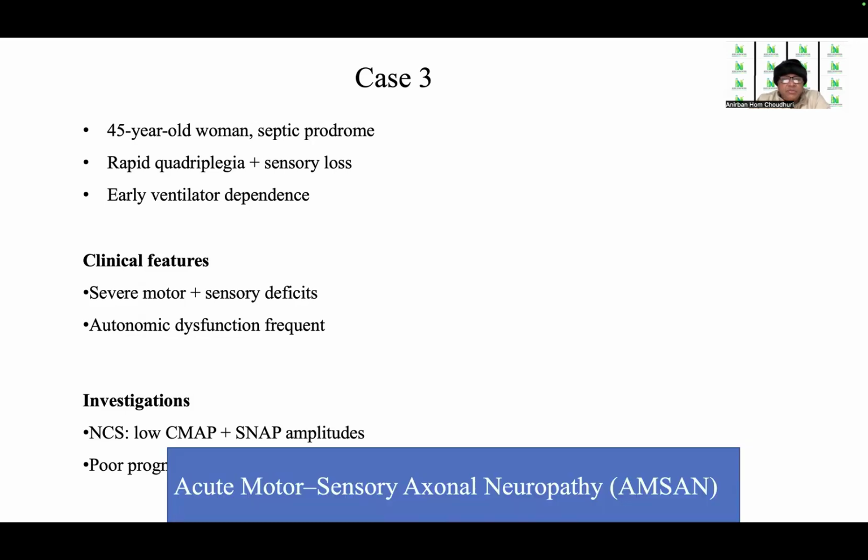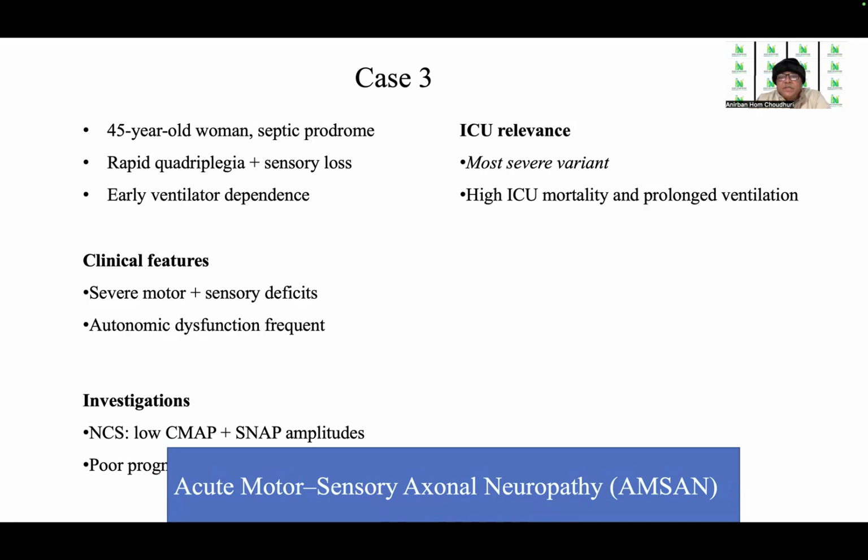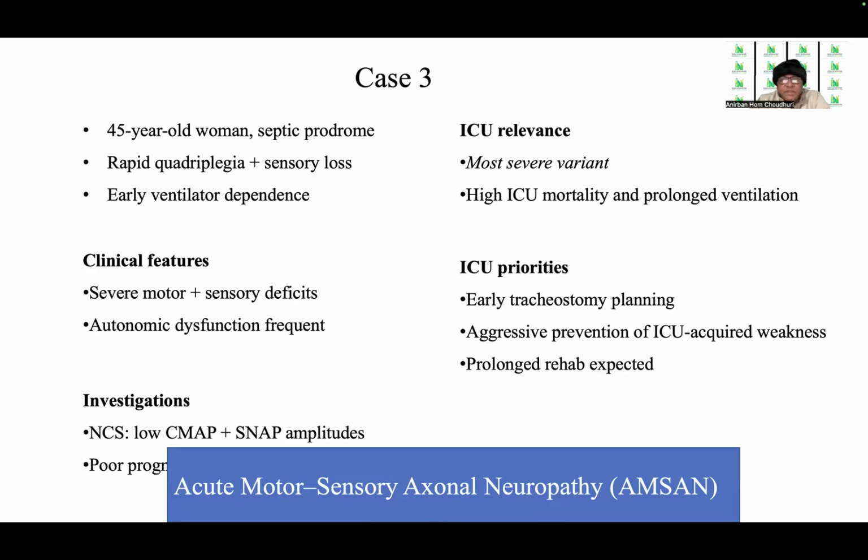Now, this happens usually in AMSAN, or acute motor sensory axonal neuropathy, which, although rare, is the most severe variant in the ICU and carries a high ICU mortality. And even if the patient survives, the patient requires prolonged ventilation among all the variants.